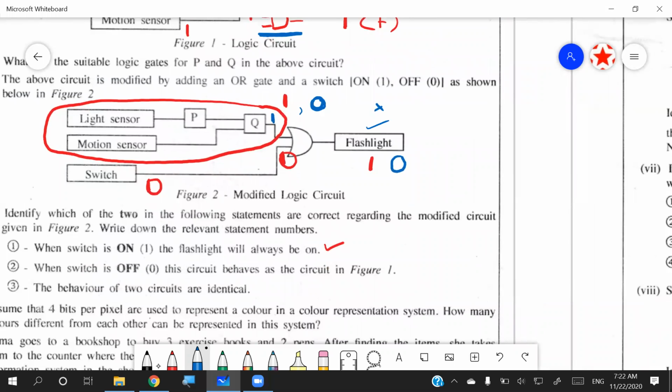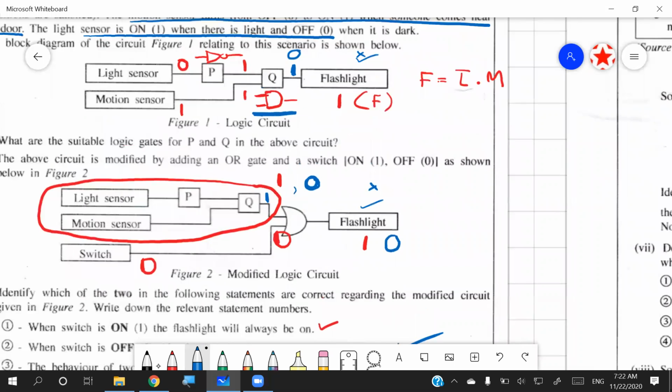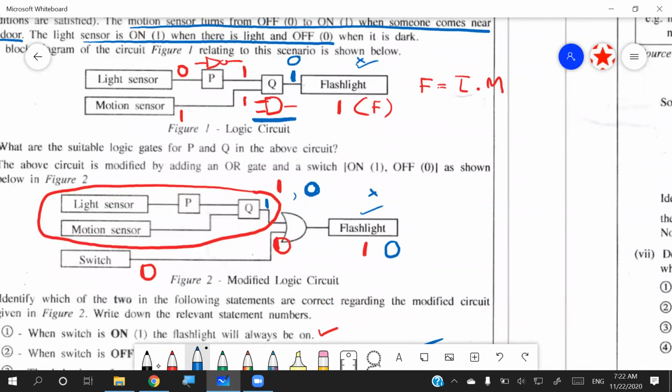So the second one is correct. When the switch is off, the circuit behaves as the circuit in figure 1, which is correct. The behavior of the two circuits being identical is not correct. Now, why is it not identical? When you are receiving 0 in the previous circuit, the flashlight is not going to be on.